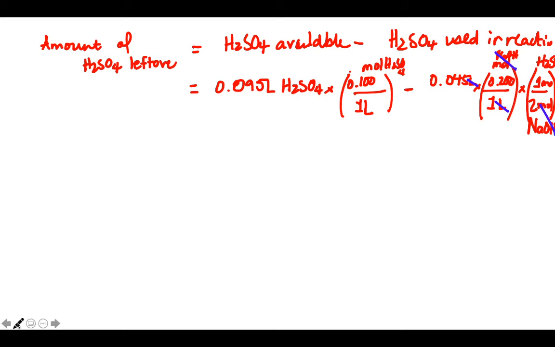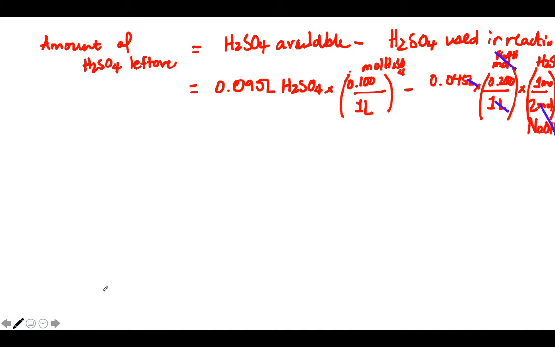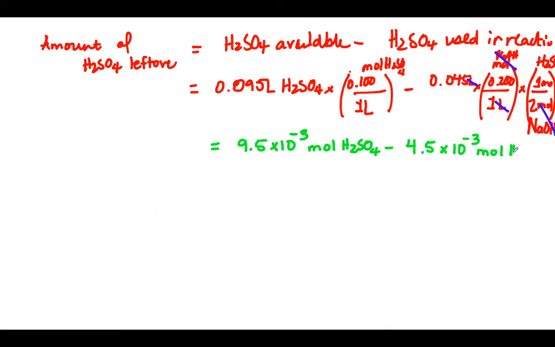So when I type this into my calculator, how much H2SO4 did I have available? 0.095 times 0.1 will give me 9.5 times 10 to the power of negative 3 moles of H2SO4, minus 0.045 times 0.2 divided by 2, which is 4.5 times 10 to the power of negative 3 moles of H2SO4.